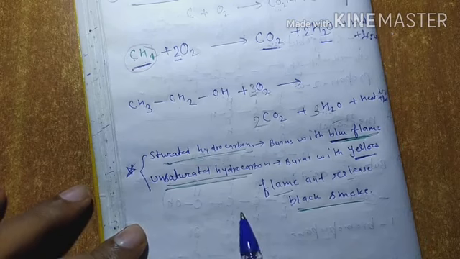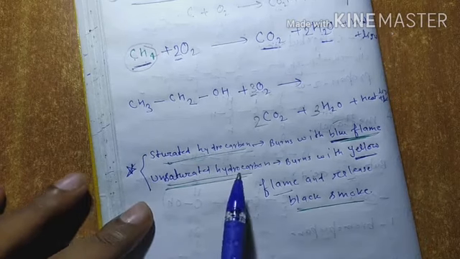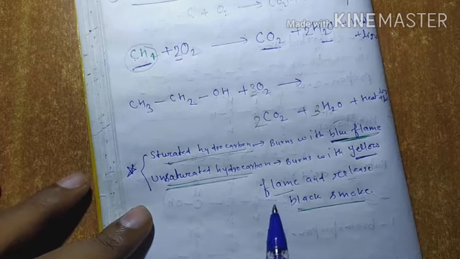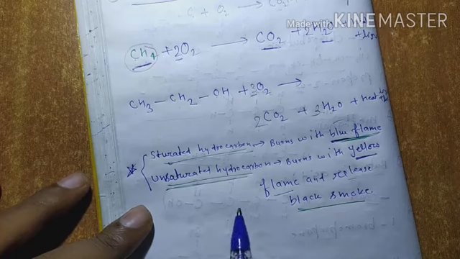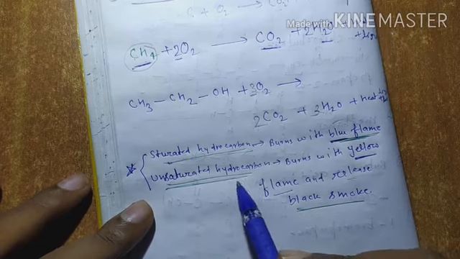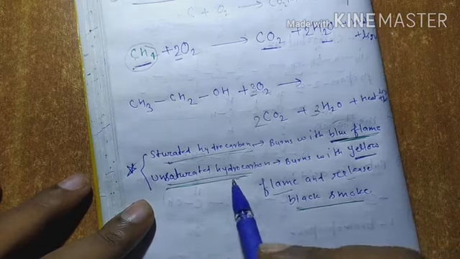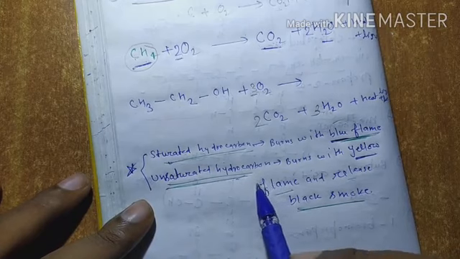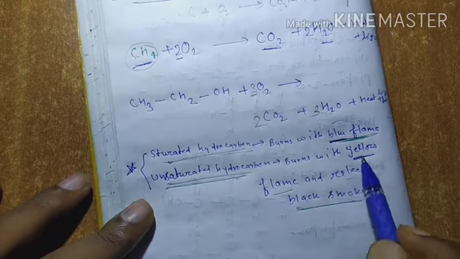Before oxidation, there is one activity: if you burn naphthalene, acetic acid and ethanol, in the case of naphthalene you will observe a yellow flame.